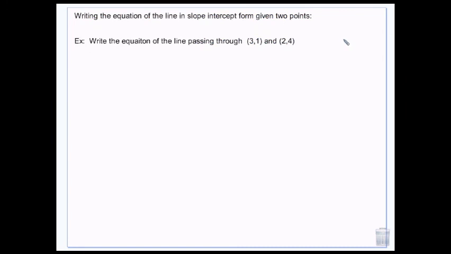Okay, we've been given a point and a slope. We need either m or b to be able to solve for both of them, right? But what if we don't have m or b? Well, you could graph it, but you don't have to. We have to find m first.